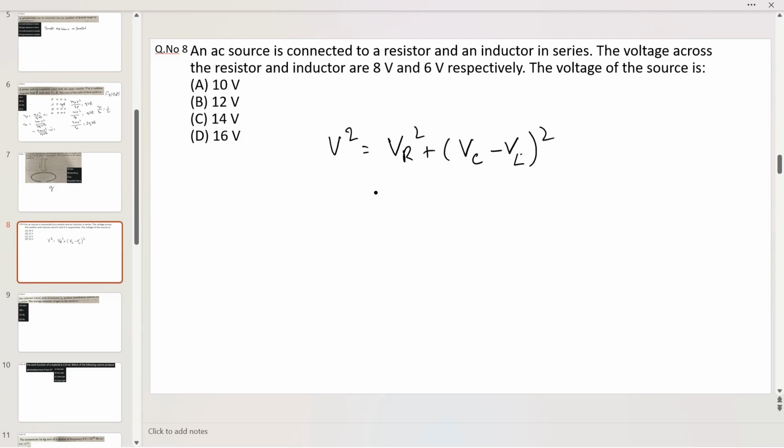Here there is no capacitance, so this will be VR, 8 square, and no capacitance, so 0. VL is 6 square, so this will be 100, and so V will be equal to 10 volt. So this is your answer.